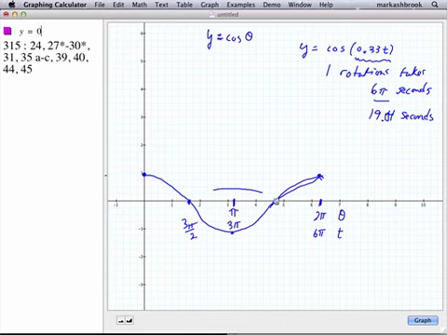Okay? And then 3/4 of the way around. How much time to get 3/4 of the way around? If 3 pi is halfway around, 6 pi is all the way around, it would be 4.5 pi, right? Okay? So now if we have the axis being time, one rotation would be 6 pi seconds. So this input would have to be 6 pi, 4.5 pi, 3 pi, 3 pi over 2.